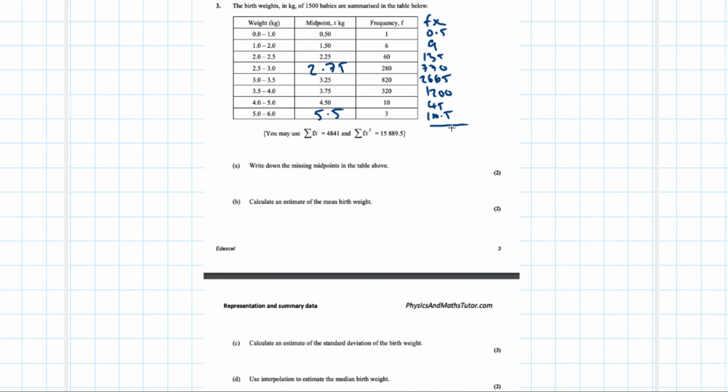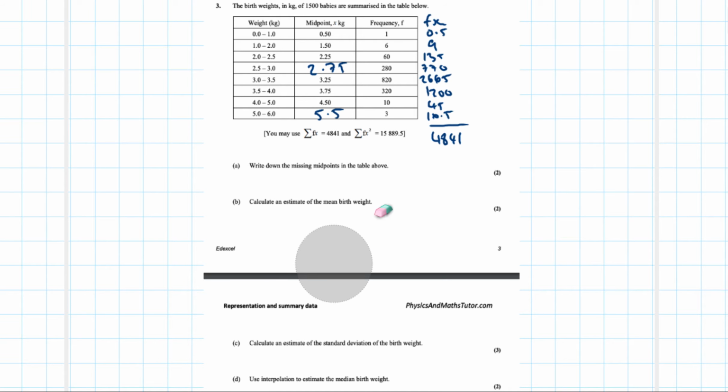Then sum this together: 0.5 plus 9 plus 135 plus 770 plus 2665 plus 1200 plus 45 plus 16.5. You should get a total of 4841.